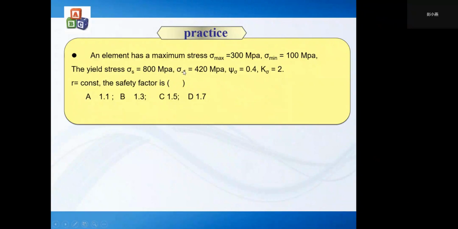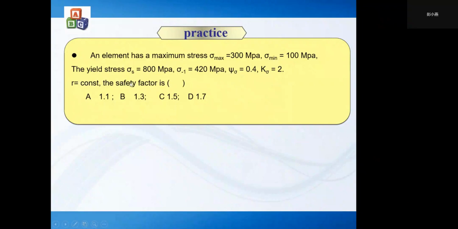And the endurance limit under vertical stress, sigma minus 1, is 420 megapascal. Psi sigma is 0.4. The combined influence factor K sigma is 2. And R is constant. The stress ratio is constant.